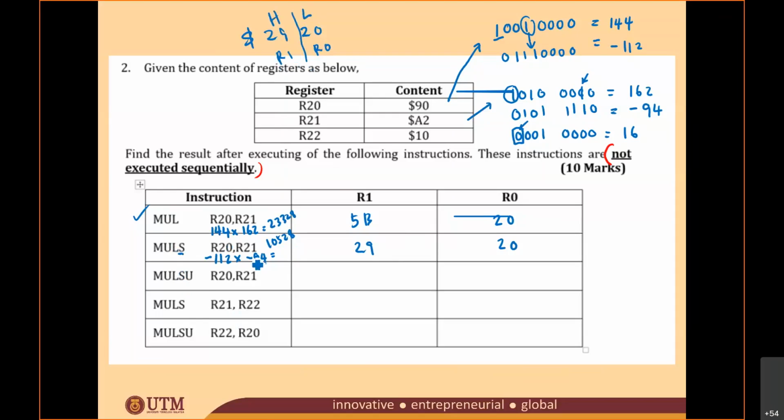Okay, next, MULSU. One is a signed number, the second number is an unsigned number. R20, signed number, is negative 112. Multiply with R21, unsigned number, which is 162. You multiply this one, you get a negative number. So what is the negative number? You will get negative 18144. Is it correct?